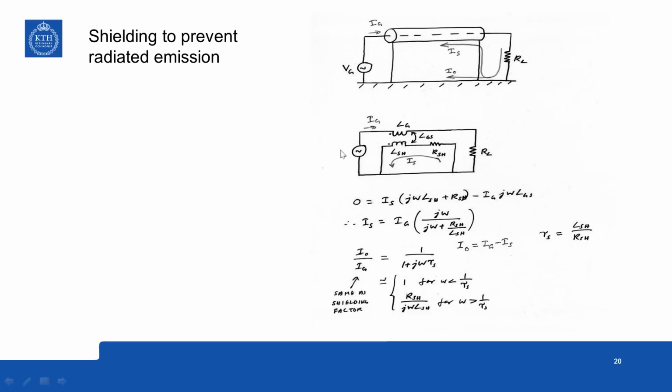So some more detailed analysis. So you have a source. Now the source is connected to the inner conductor, so the load here. So the shield is connected at both ends. The current can return either via the ground like this or via the shield current.